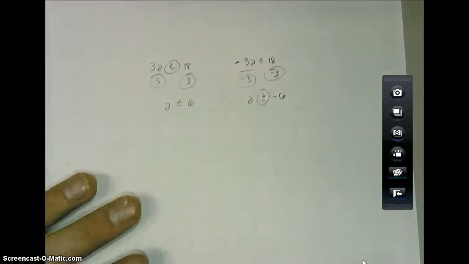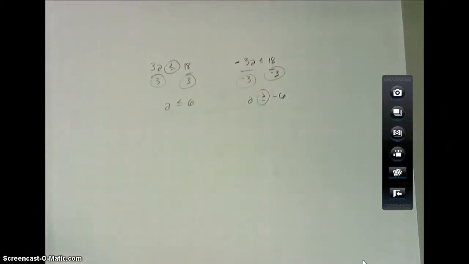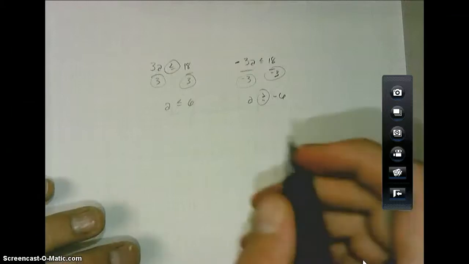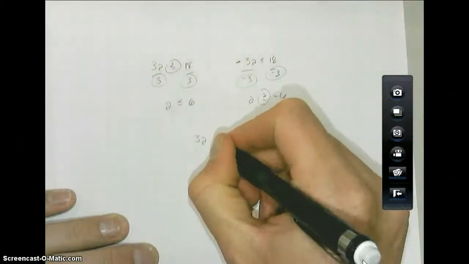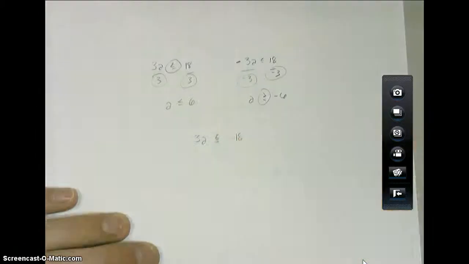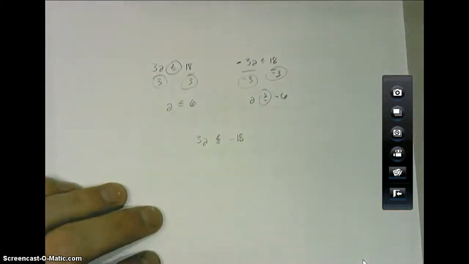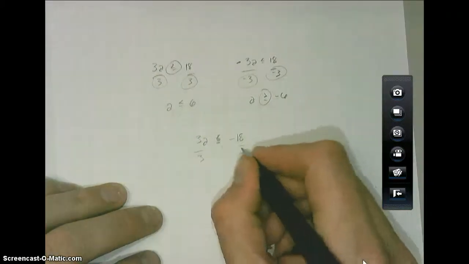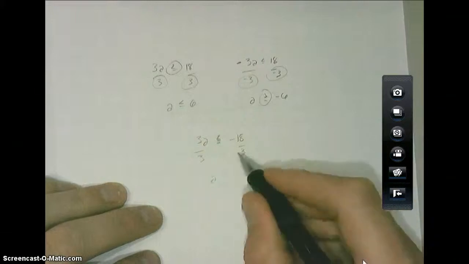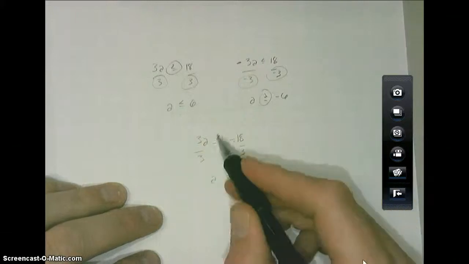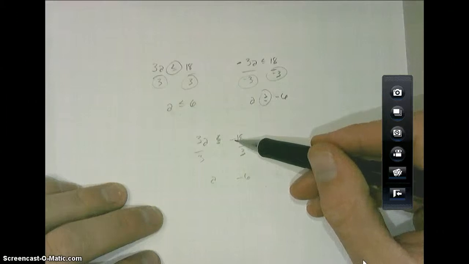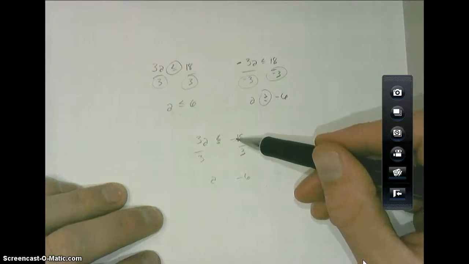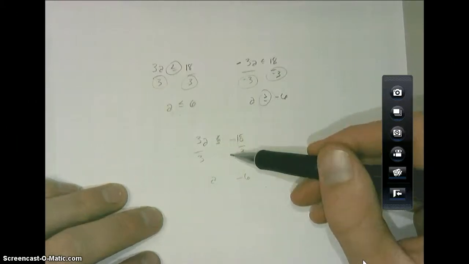Now, one area that for some reason causes people to have issues, let's look at one more example. 3a is less than or equal to -18. Okay, so I'm dividing by 3, divided by 3. So I have a, and I know this is going to be -6, but what do I do with this sign? People will get confused and they say, well, I'm dividing, but there's a negative, right? So I'm dividing, there's a negative involved, so I have to switch the sign.